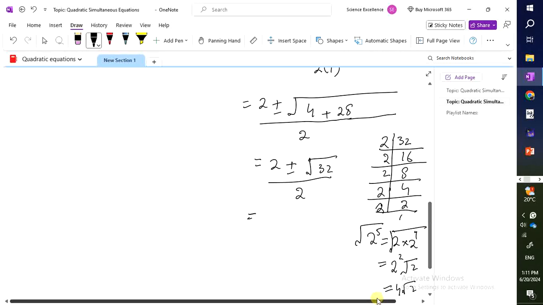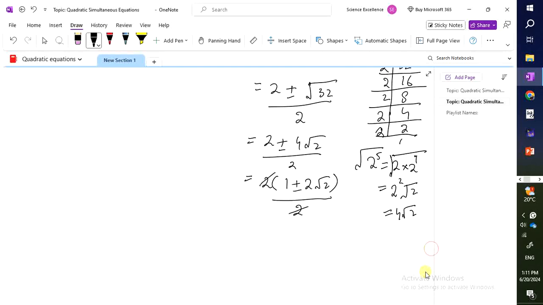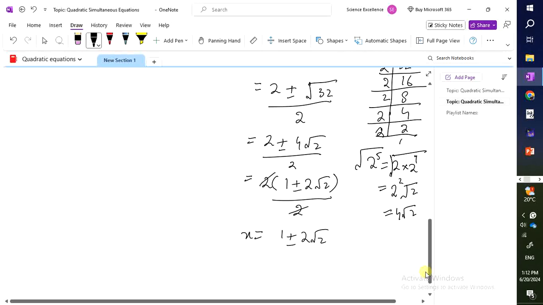So root of 32 can be written as 4 root 2, divided by 2. Now we can take 2 out as a factor, and we're left with 1 plus minus 2 root 2 divided by 2. Now this 2 will cancel out with that 2, and we're left with 1 plus minus 2 root 2. These are the values of x.